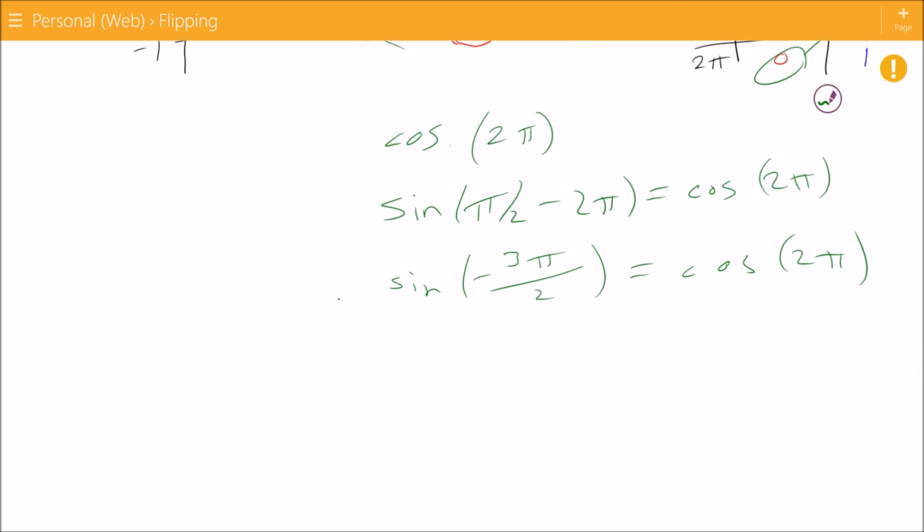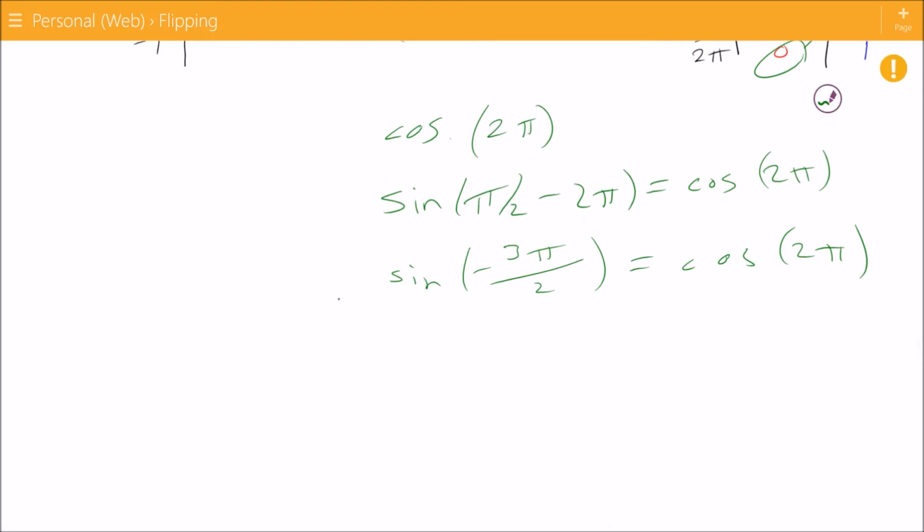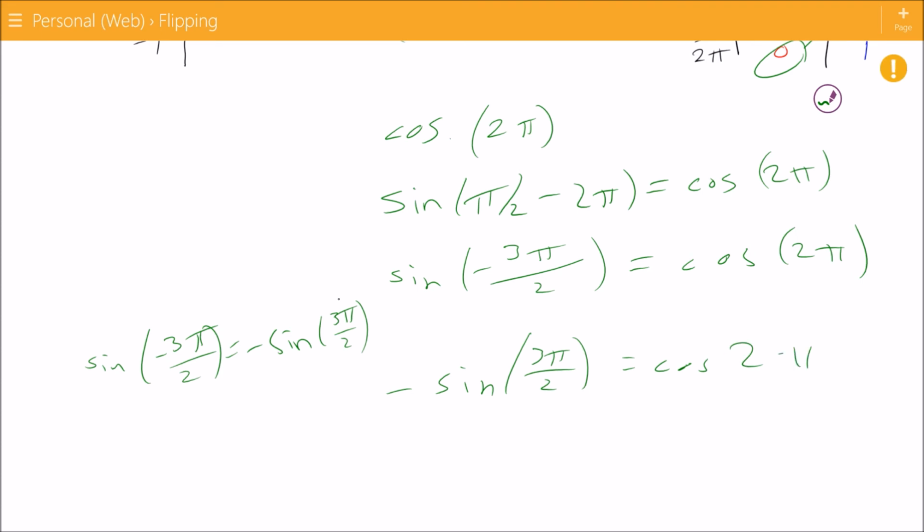And yes, I don't have this conveniently on my table up here, but remember, since sine is an odd function, the sine of negative 3 pi over 2 is going to equal negative sine of 3 pi over 2. So I can substitute, I can say negative sine of 3 pi over 2 is equal to cosine of 2 pi.